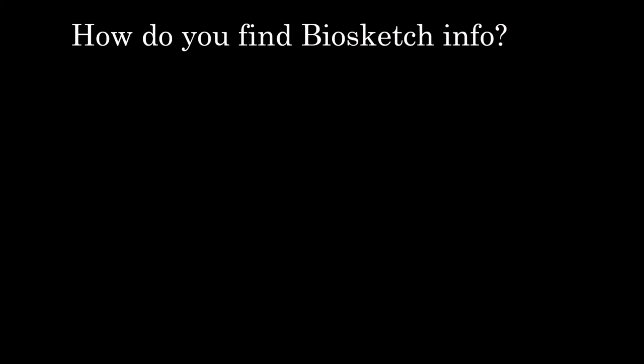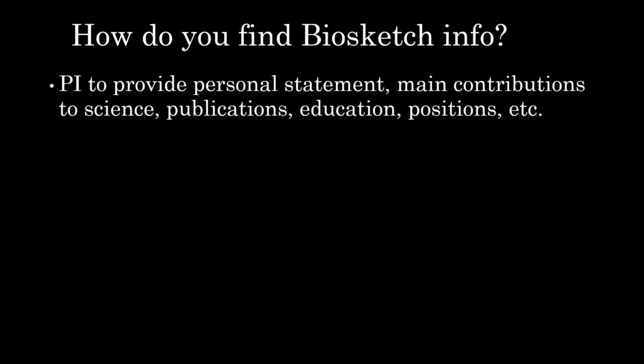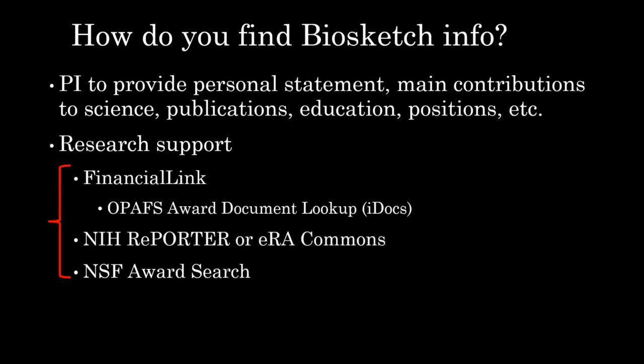How do you find biosketch info? The PI, like I mentioned, always provides the personal statement and the main contributions to science, publications, education, positions, etc. For research support, there are a few different options.